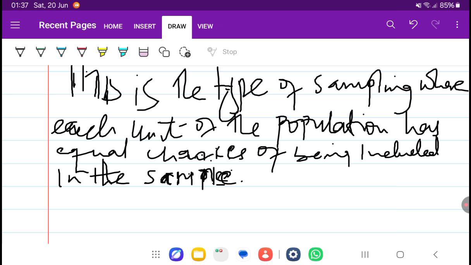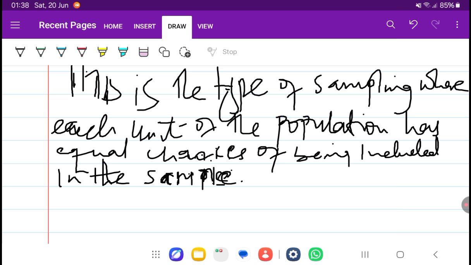In this method, each item of the population under consideration has an equal chance of being selected as part of the sample. In other words, each item or each subject in the population is selected independently of the rest of the other items.